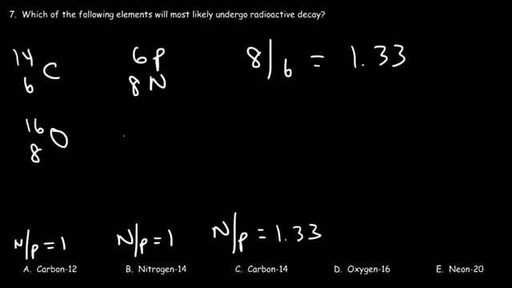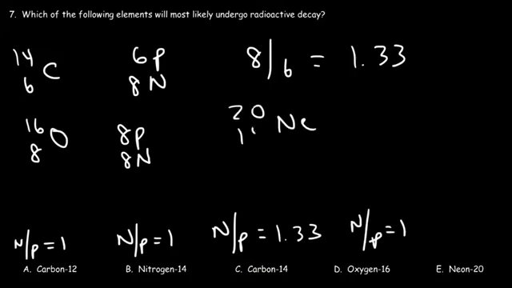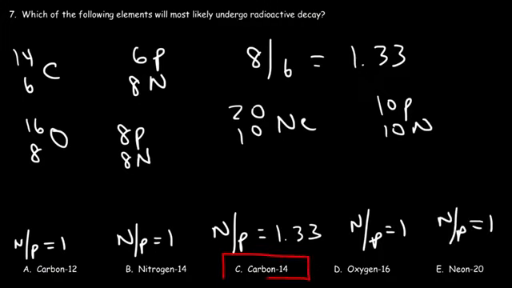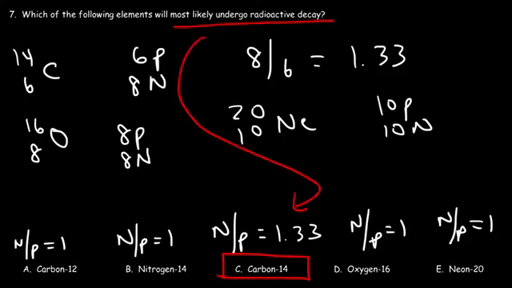Oxygen has an atomic number of 8. It has 8 protons, 8 neutrons, and so it has a neutron-proton ratio of 1. And neon-20, neon has an atomic number of 10, so it has 10 protons, 10 neutrons, and the NP ratio is the same. Because carbon-14 has the highest neutron to proton ratio, it will most likely undergo radioactive decay.